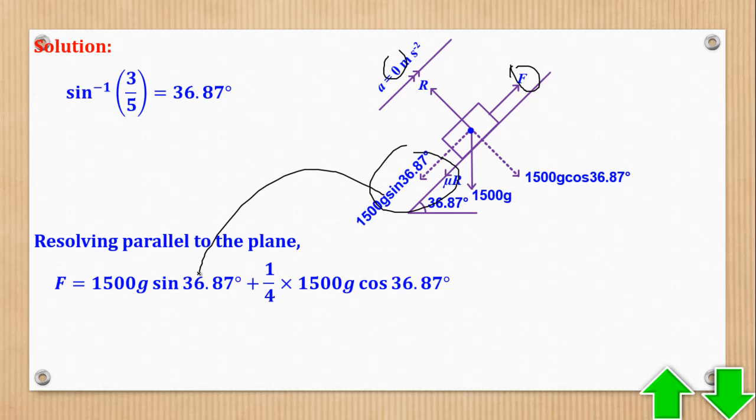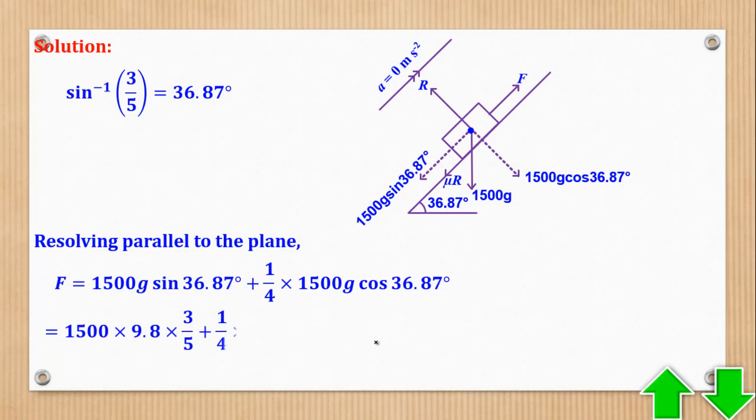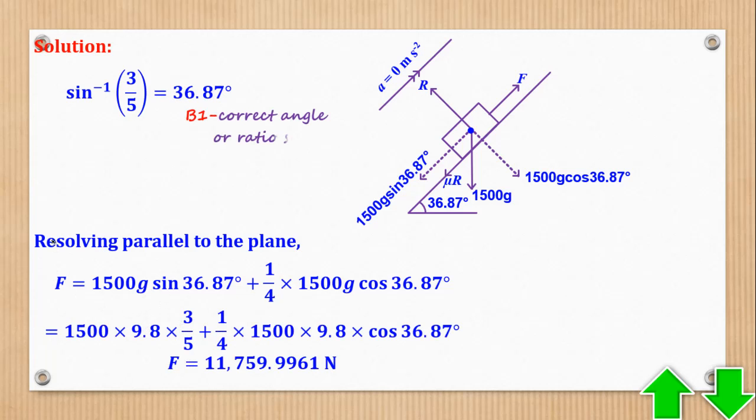So mu is 1/4, and R is this component. Then you can substitute for g. Substitution for g is a must. You have to substitute for g. Then use a calculator to get the output, and that's what they wanted.